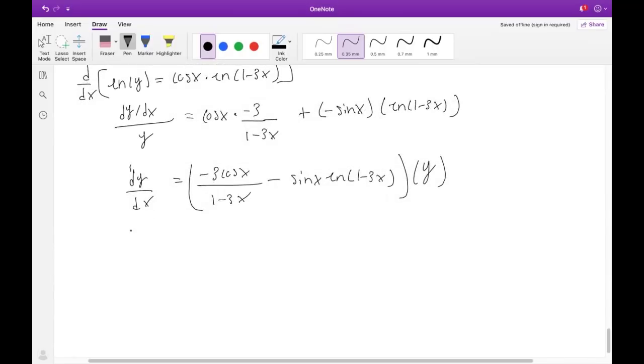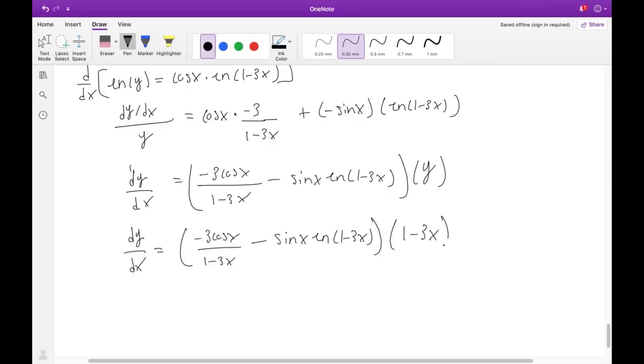And then our final answer will just be dy over dx is equal to -3 cosine of x over 1 minus 3x, and then minus sine x ln of 1 minus 3x. And then y was just 1 minus 3x to the power of cosine x.